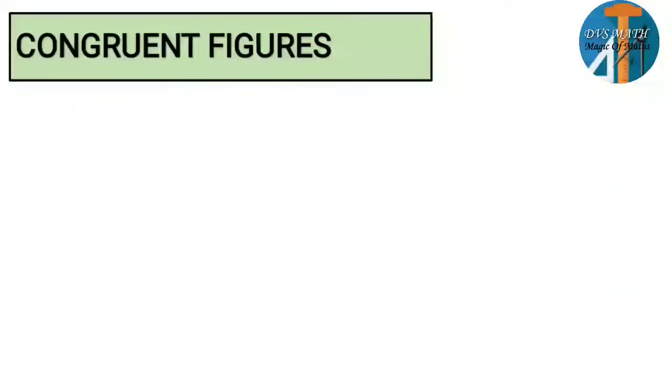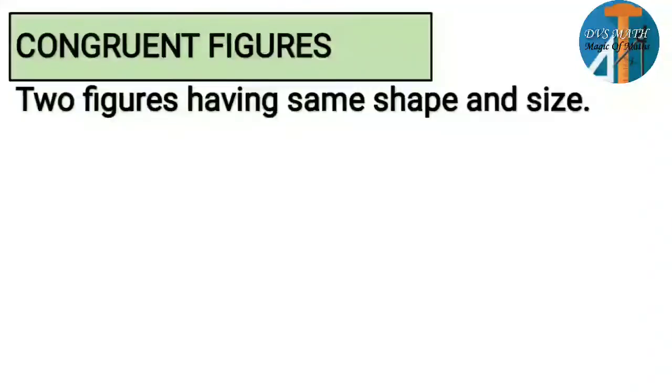First, congruent figures are figures having the same shape and same size. If you overlap two figures, or keep one figure on the other, they overlap each other, which means their size and shape are the same.